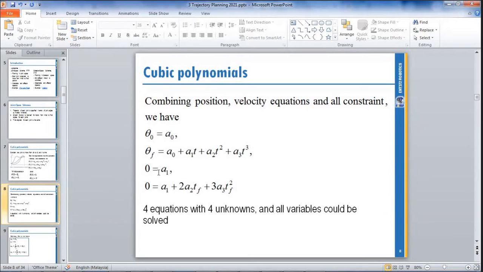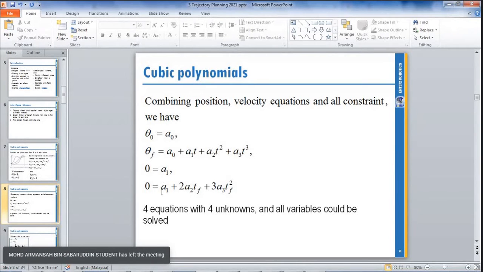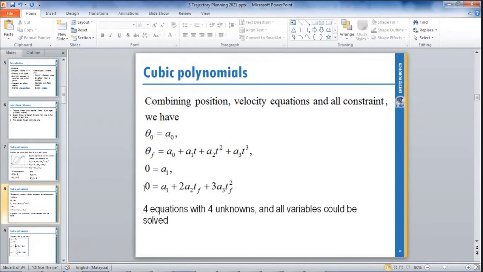And then this is a1 equal to 0: this is at velocity 0, so velocity 0 equals a1. And then this one equals this equation. So 4 equations with 4 unknowns, and all variables can be solved.